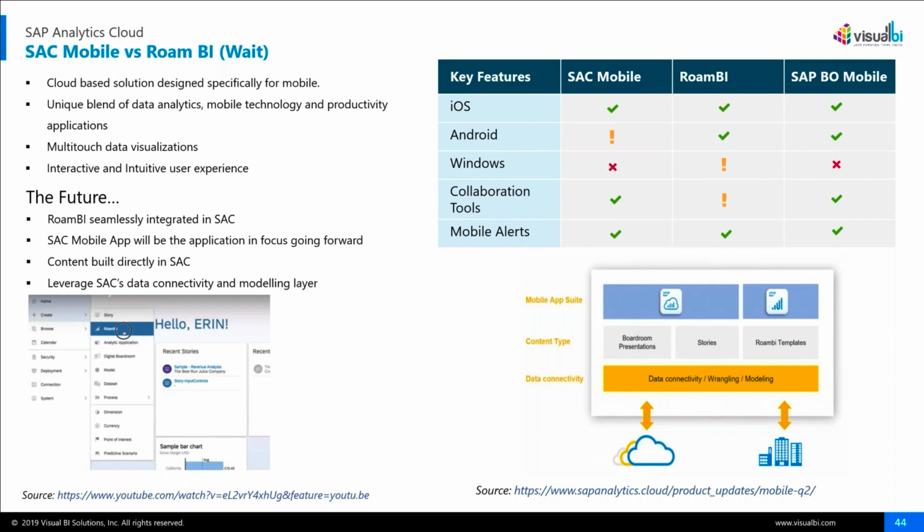So yes, the migration has to take place, but you may be better off waiting for maybe 3 to 6 months, only because SAC's mobile capability, especially around Android and some of the things, has to evolve a bit. But you have to do an eventual migration to SAC mobile.